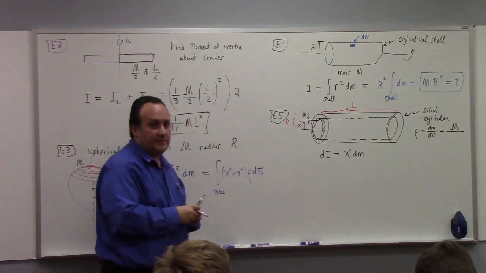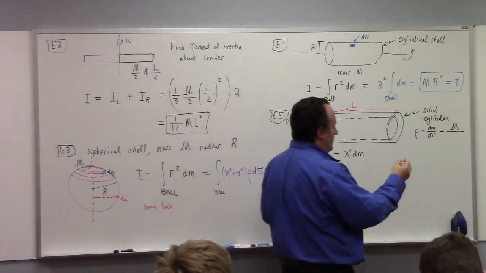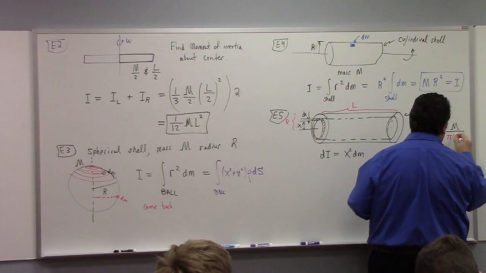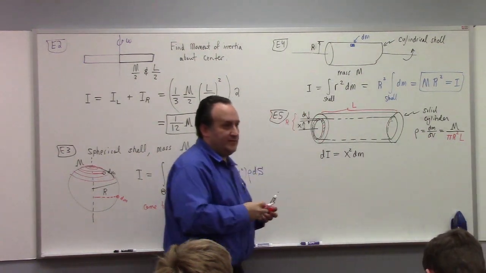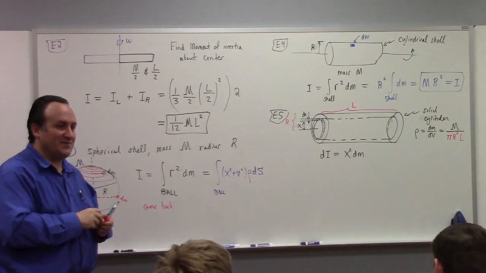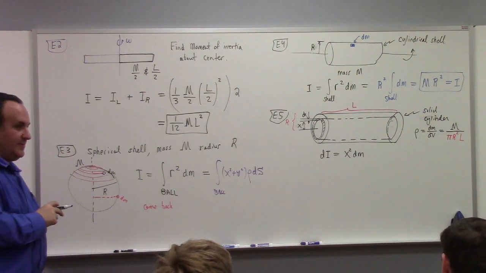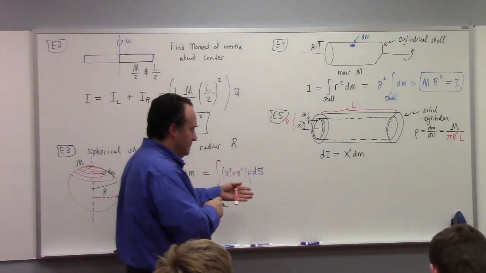So what's the volume? That's easy enough to figure out, right? Pi r squared times what? Pi r squared times L, right? That would be the volume of the cylinder. You don't need calculus for that. You should have known this in middle school, right? All right. So that's the density.